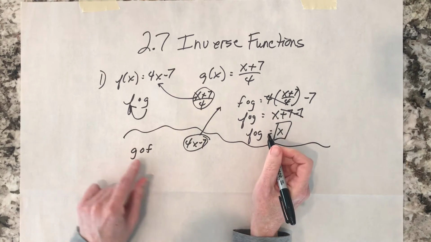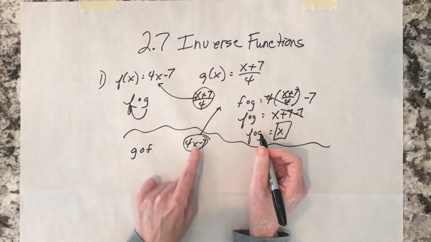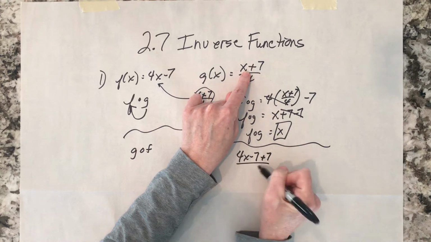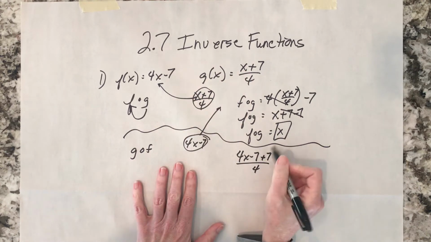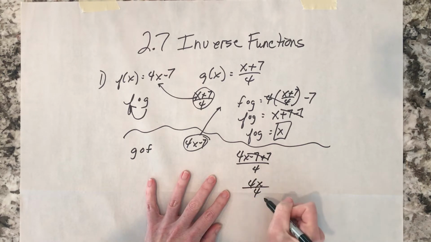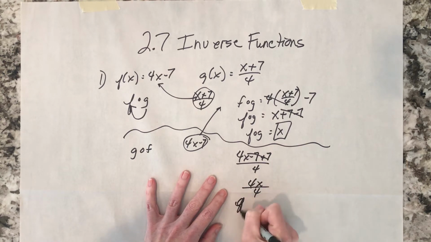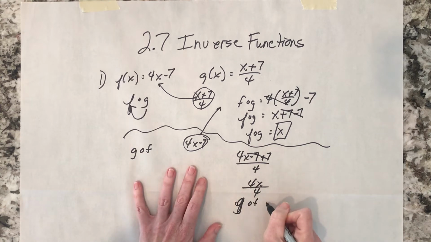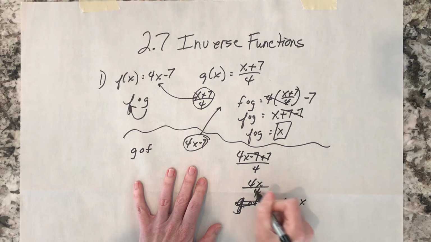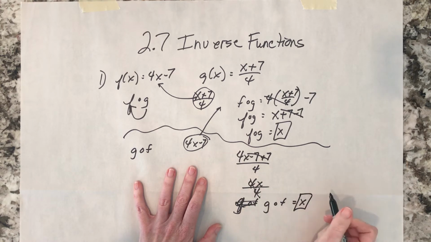So we will have x, remember x is 4x minus 7, plus 7, over 4. Minus 7 plus 7 cancels. So we've got 4x over 4. So g composed of f is x. Those 4's cancel, and we've got x.